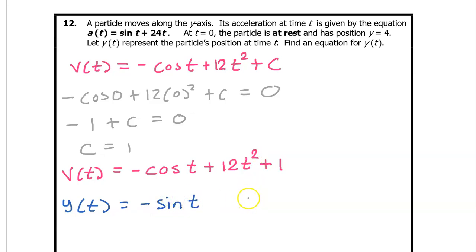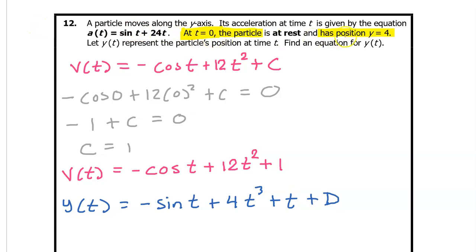Adding 1 to this exponent will give us t to the third power. Then we divide by the new exponent, so that gives us 4. So 4t cubed. The antiderivative of 1 is t. And don't forget the constant of integration. We've already used the letter c in this same problem, so we need to pick a different letter now. Let's call it d.